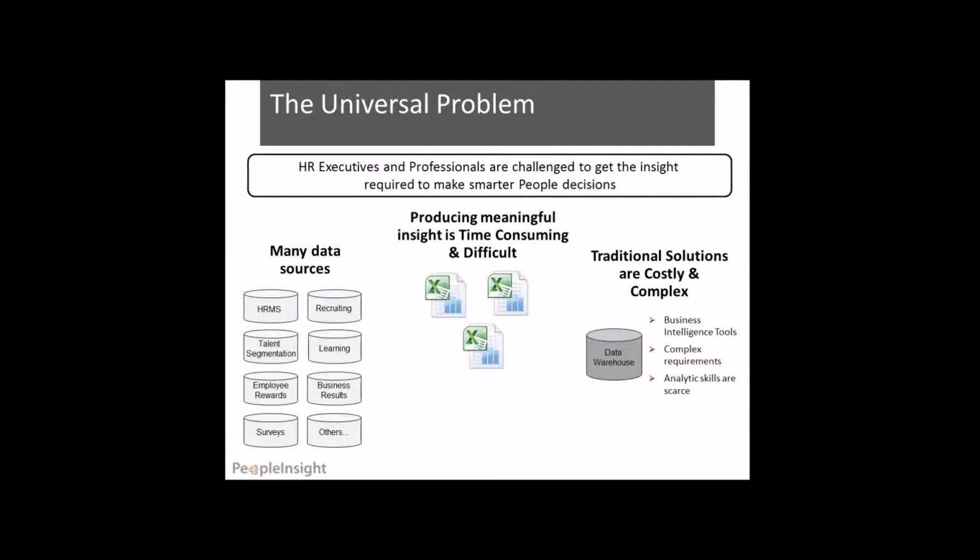The second is the tools that are generally available for organizations when it gets to workforce reporting and analysis. What we see is that's traditionally done through Excel.